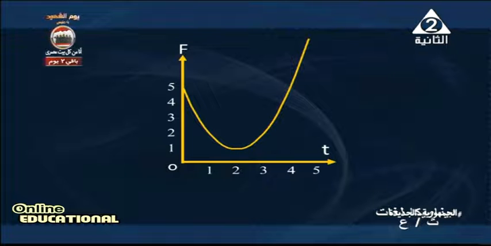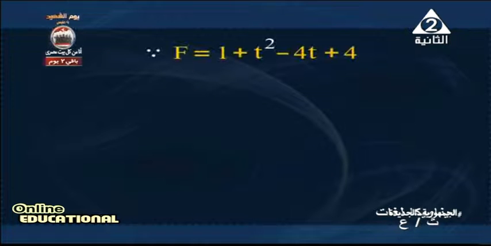In the opposite figure, the graph is a force-time graph between F and t, and the force F equals 1 plus the bracket t minus 2 all power 2, which equals 1 plus t power 2 minus 4t plus 4.